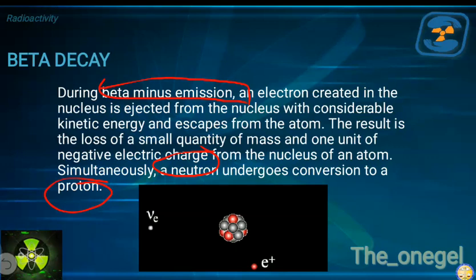And at the same time, magbibigay siya ng isang electron or a negatively charged particle that is ejected nanggaling sa nucleus ng atom. So, of course, as a result, there is a loss in the quantity of mass and 1 unit of negative electric charge. Kaya beta minus decay.